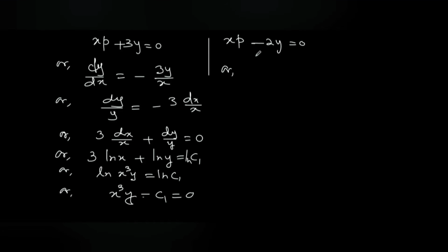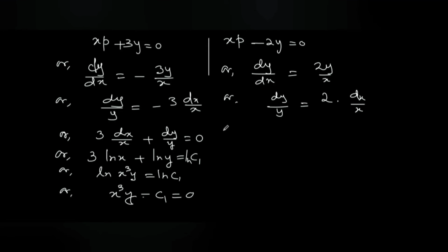Okay, and another one is dy/dx equals 2y upon x, or dy upon y equals 2 times dx upon x, or 2 dx upon x minus dy upon y equals 0.